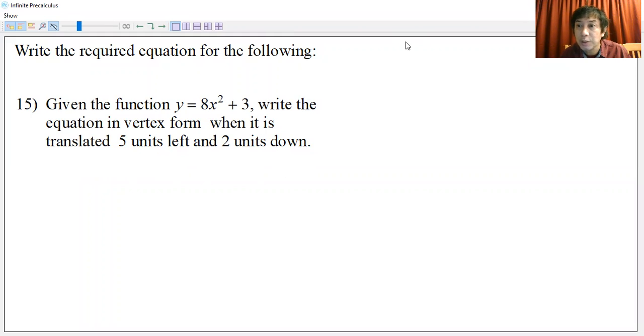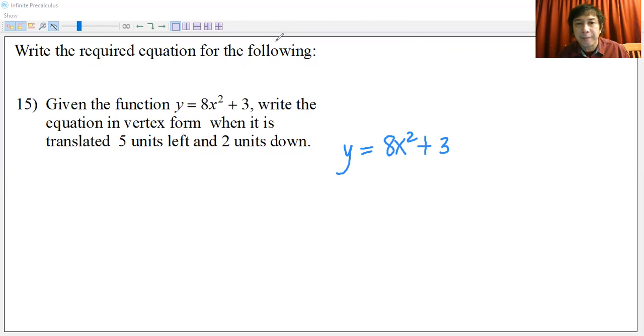All right, and so the given here, it's y is equal to 8x squared plus 3. That's the original equation.